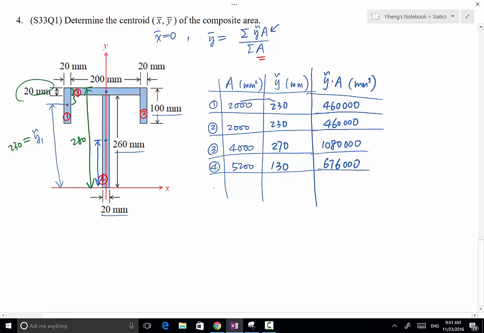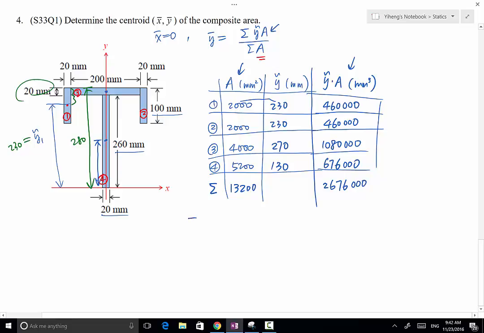What's next is to add the first column and the third column together. For the first column, we're adding all the component areas together to get the total area. That is 2,000 plus 2,000 plus etc., so that is 13,200. And then we're going to add all these together as well, and that equals 2,676,000.